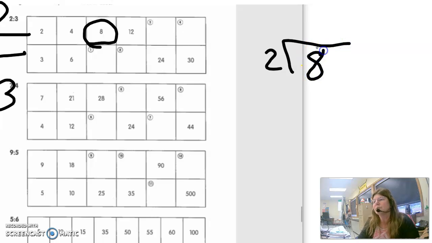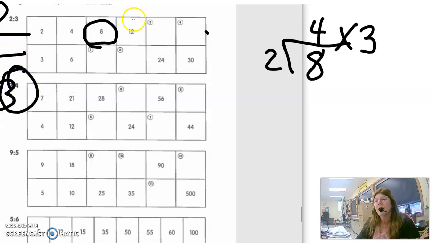How many times will 2 go into 8? 4 times. Now, the second part of this is to take that 4 and times it by 3, the bottom box right here. This is the 3. And 4 times 3 is 12. And so our answer is 12.